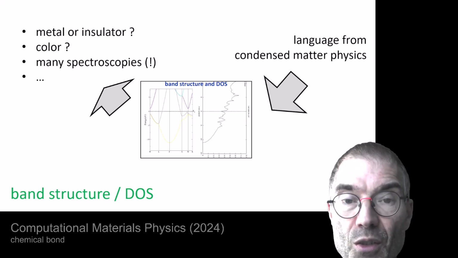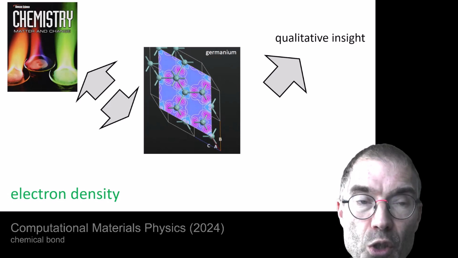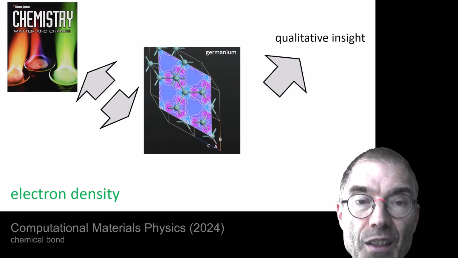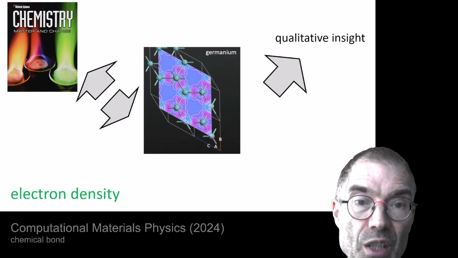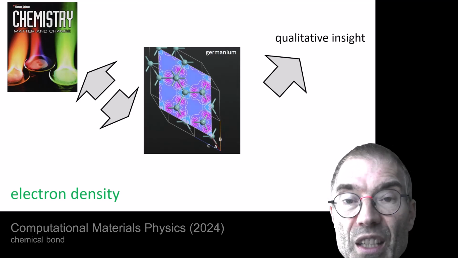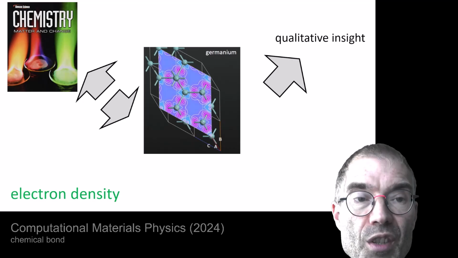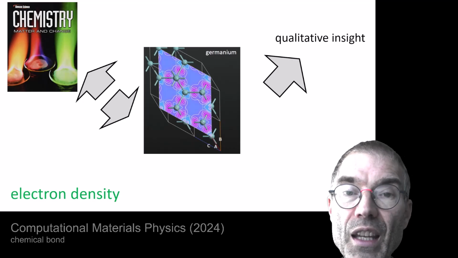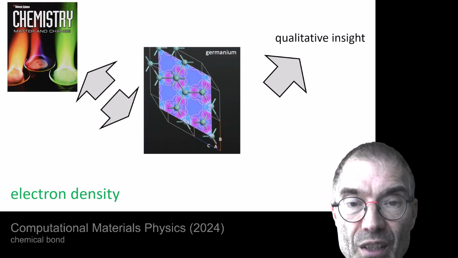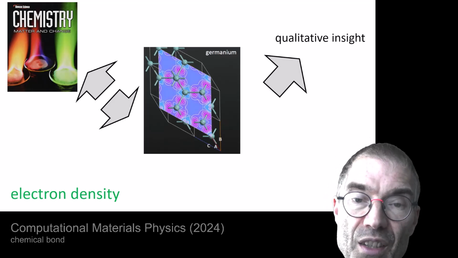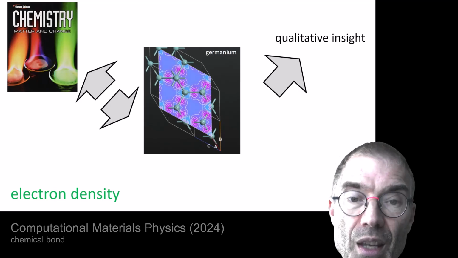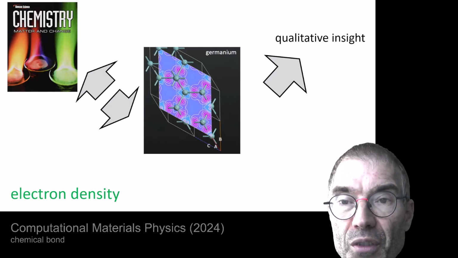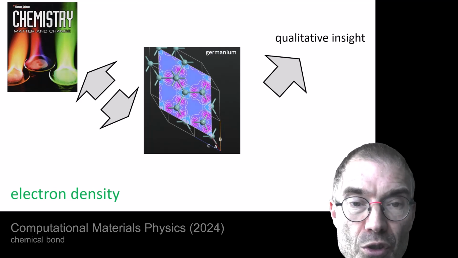In the past week, in the present module, you looked at another property, the electron density, which is a property that can answer some questions that are usually asked in chemistry. What is the chemical bond in a given crystal? Can we recognize the chemical bond based on features that density functional theory can compute for us?